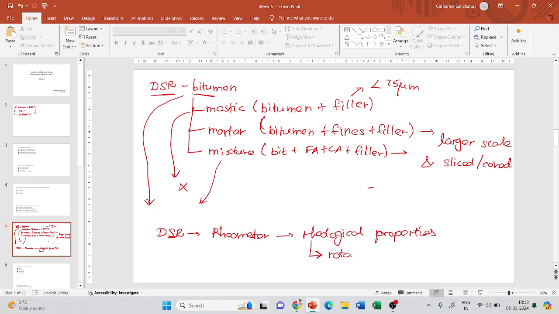Either I can subject the sample to a rotational motion and measure properties. Mostly it will be viscosity.